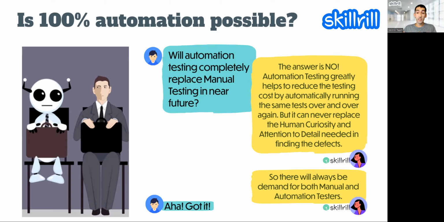So it's not really coming up with new scenarios. The robot or the script that you created is not going to look at the screen and say, oh, how about I check this other scenario? Oh, look, there's some new scenario that we might be missing.